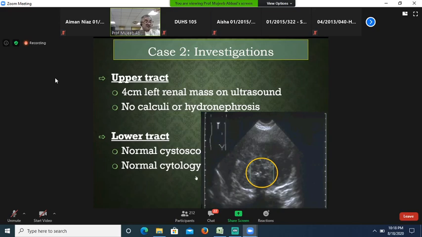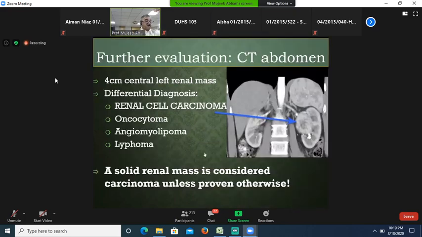Ultrasound picked up this renal mass. Now, again, the CT is showing you the 4 centimeter left renal mass. It could be renal cell carcinoma, oncocytoma, angiomyolipoma, lymphoma. A solid renal mass is considered carcinoma unless proved otherwise.